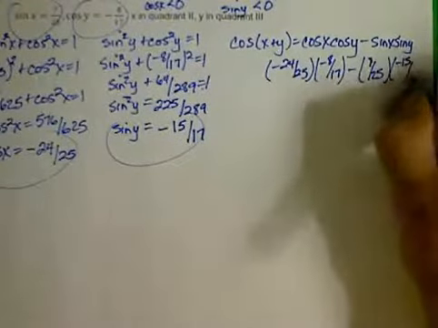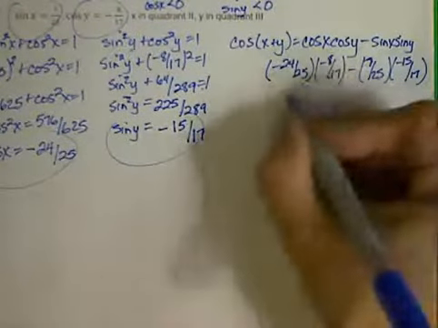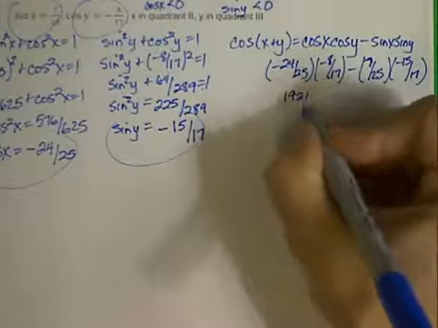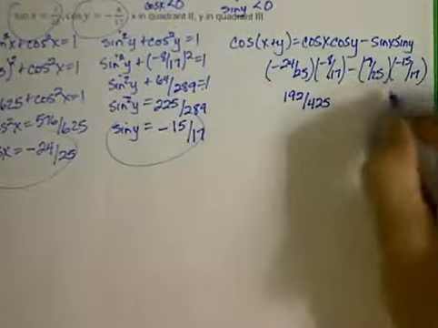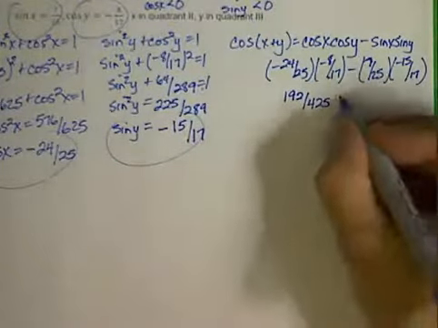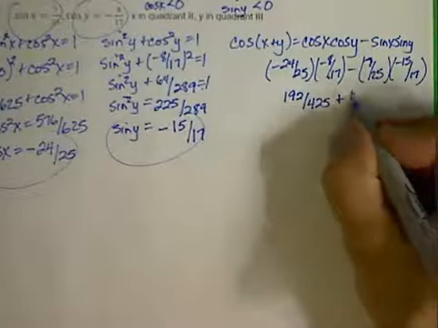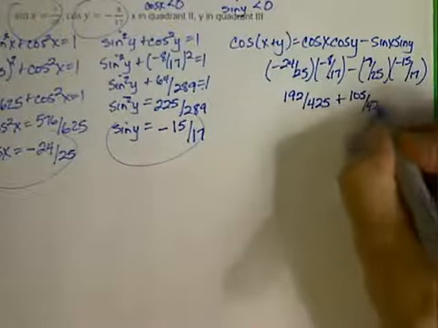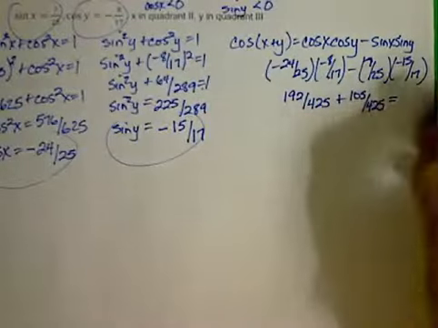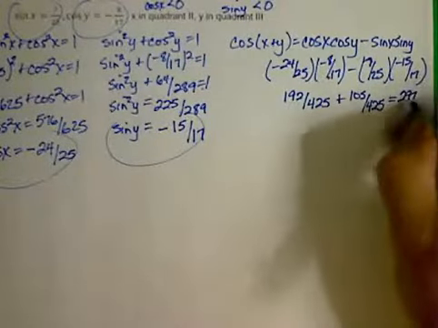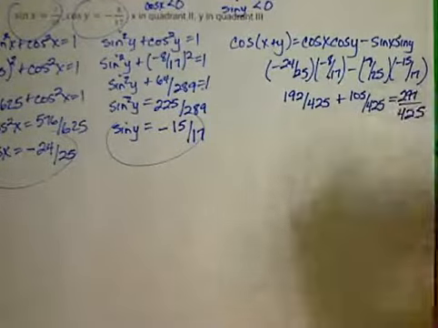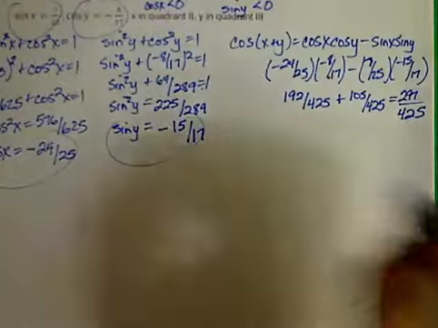And sine of y is negative 15 over 17. When we multiply these two, we get 192 over 425. When we multiply these two, we end up with a positive 105 over 425. Adding those two together, we get 297 over 425 for the cosine of x plus y.